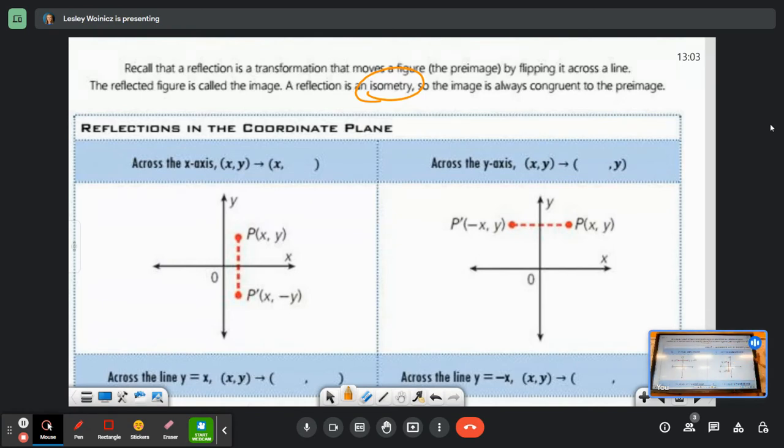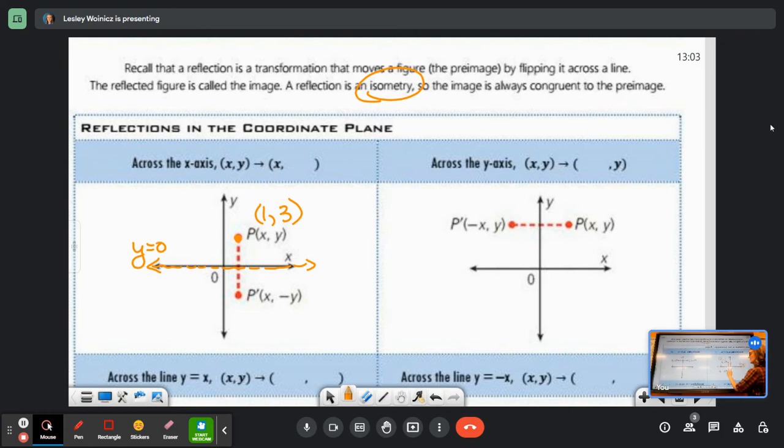Okay, so here we have some rules started for us. We're going to try and fill in the rules. I like to think of these with real numbers, and it helps my brain figure out what the rule should be. So this P kind of looks to me like the point (1, 3) maybe. Okay, so if I reflect P (1, 3) in the x-axis, which is this line right here, this is the line y equals 0, that's the x-axis.